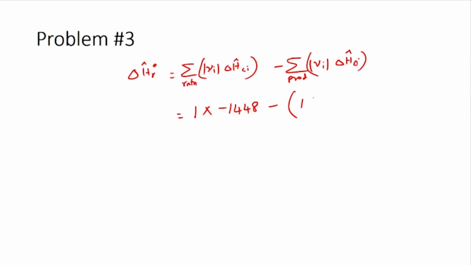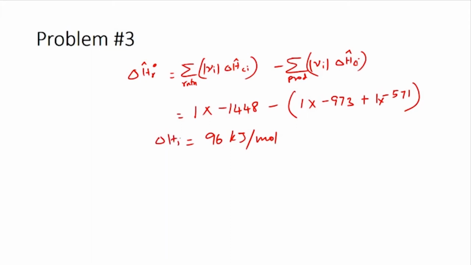Both are 1 mole only. So, 1 times minus 973 plus 1 times minus 571. So, this would be equal to 96 kilojoules per mole.